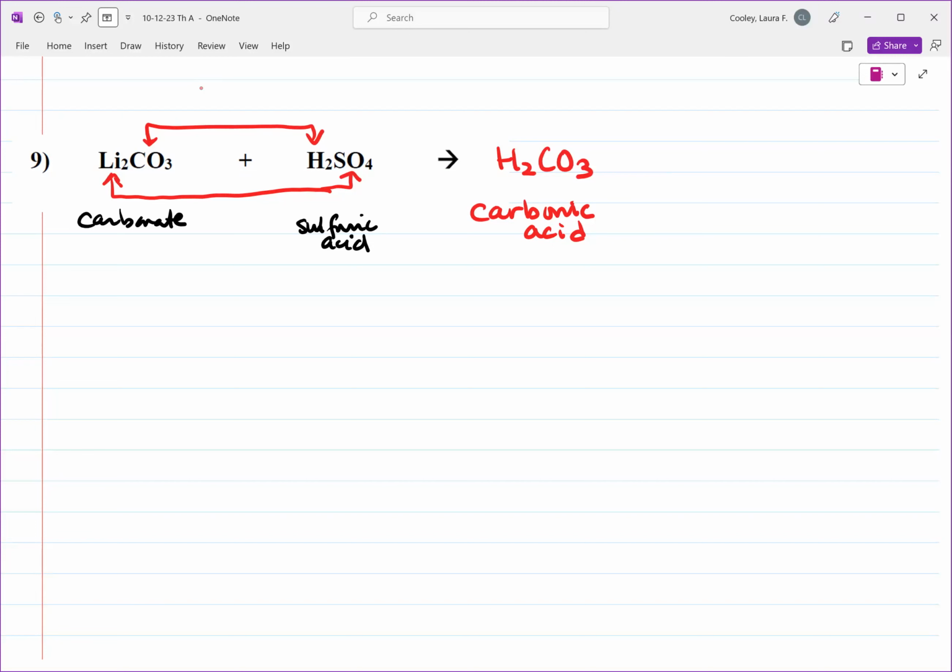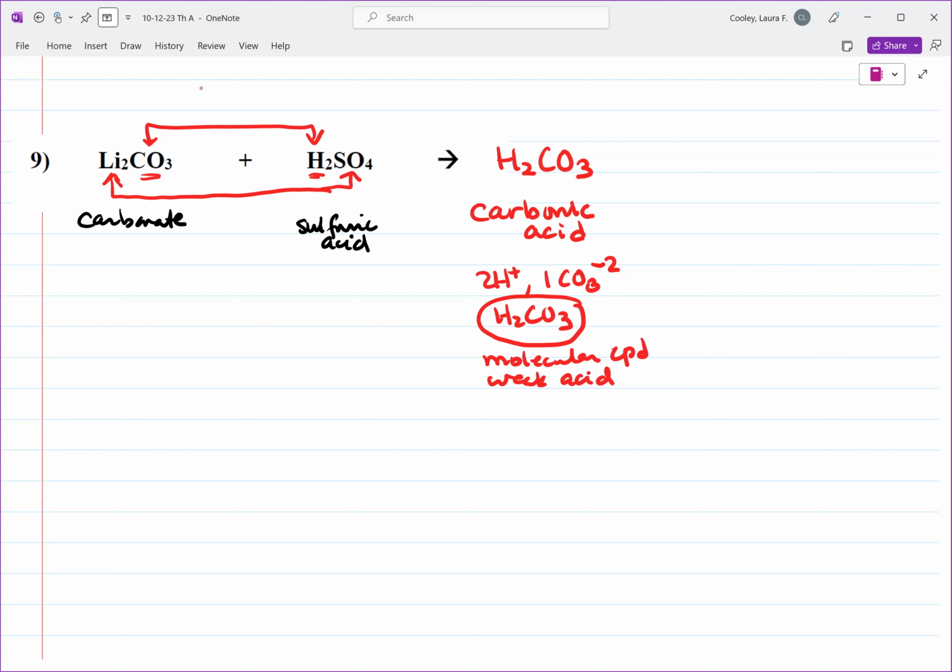So let's first write the first step. You'd have the H's from here combining with the carbonate. And you know that H is an H plus ion. So you need to have 2 H pluses with 1 CO3 2 minus, except that H2CO3 is not an ionic compound. It's a molecular compound. It's a weak acid.